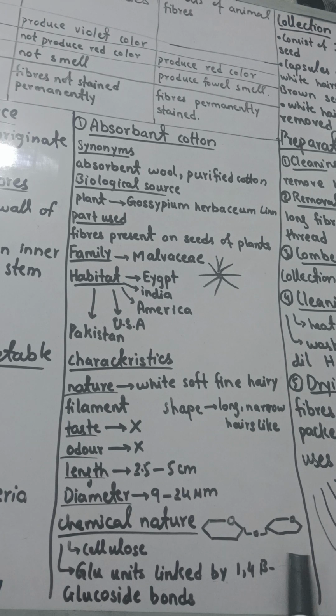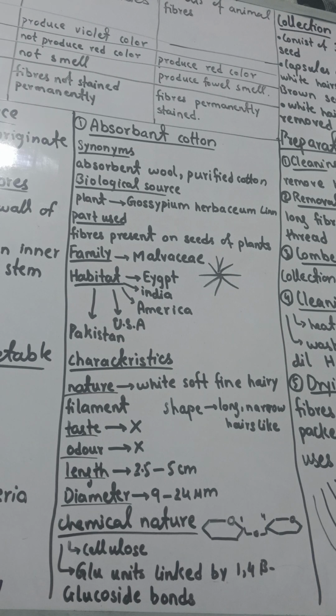Like you can see in this picture, I have drawn two glucose units, and they are joined together with a beta 1,4 glycosidic linkage. Why is it called 1,4? Because this is carbon number 1 and this is carbon number 4. They are attached with this glycosidic bond, therefore it is called this. And various glucose units will combine together with this linkage and form cellulose.